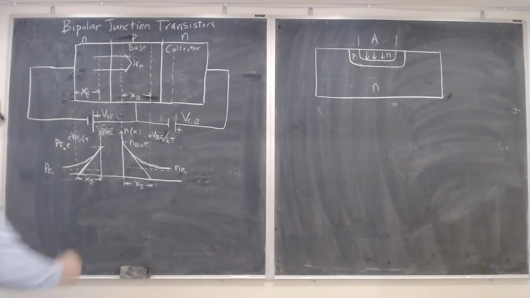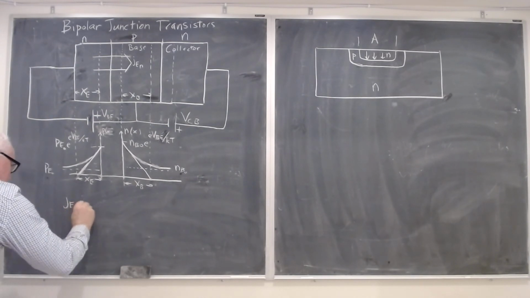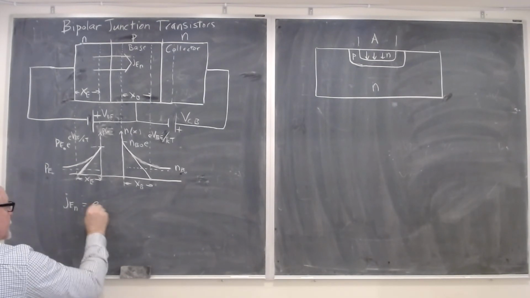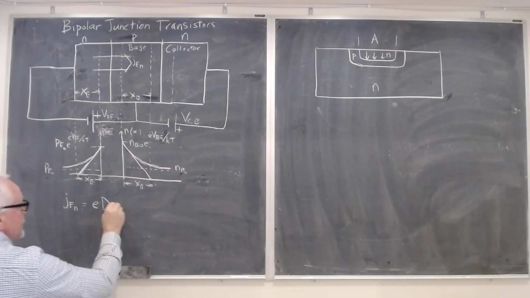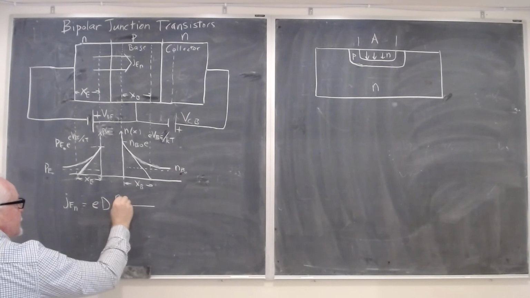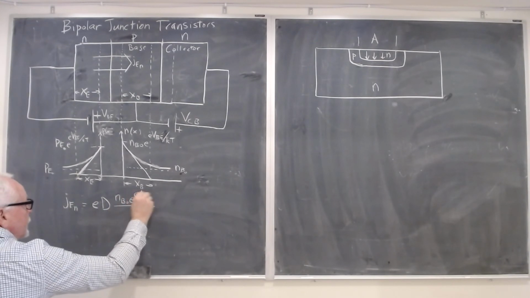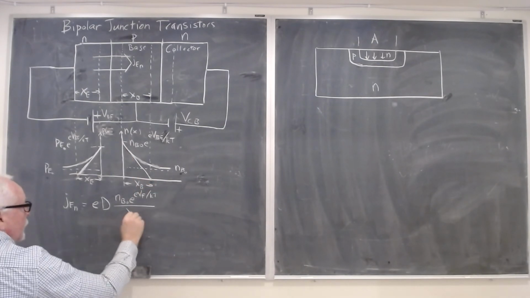And so J_E sub N is, okay, remember our formula. It's charge times the flux. And the flux in this case is easy to calculate because that's almost a straight line. So that's just N_V0 e to the eV_F over kT, that goes into 0 over X sub B.